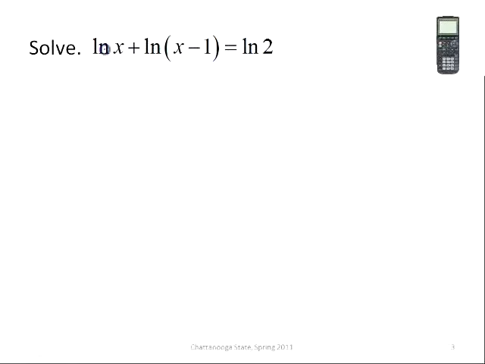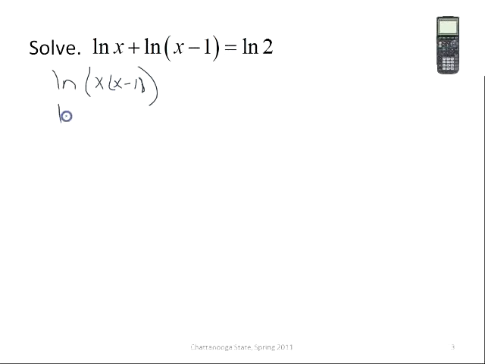When you have an equation that has more than one logarithm in it, for example, this one we have logarithms on both sides of the equation. We want to get the logarithms on each side combined. We'll use our properties of logarithms, which tells us if we add 2 logs with the same base, that's the same as forming a product of the logarithms.